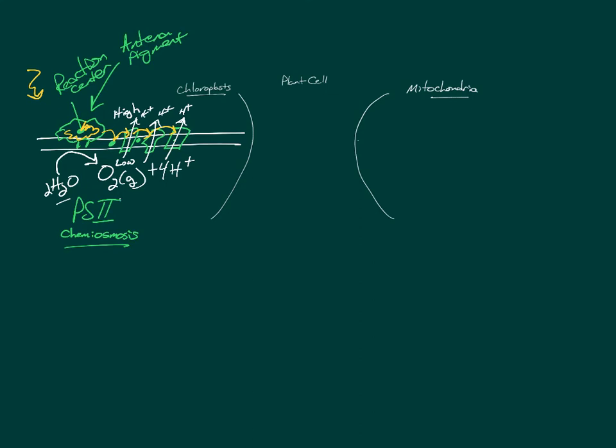To make ATP, because we're coupling it with an enzyme, ATP synthase. And what that allows is the hydrogen to go from here through, allowing the making of ATP. So ADP plus inorganic phosphate comes in and you make ATP.